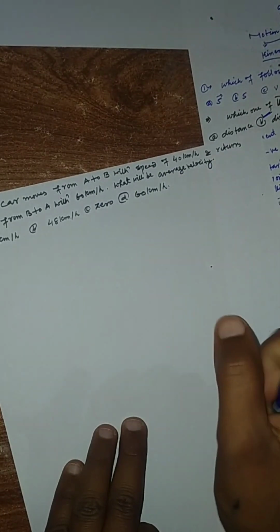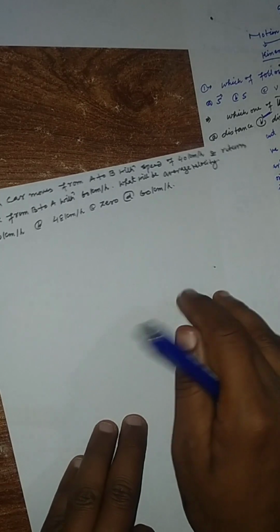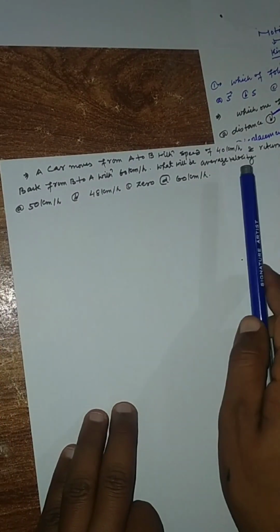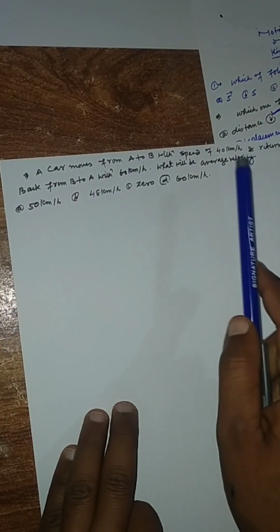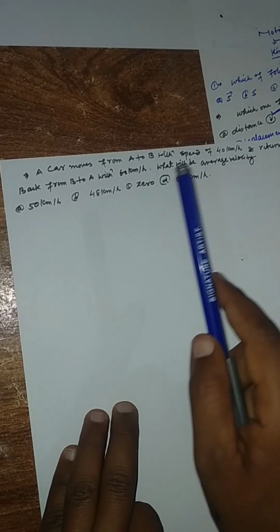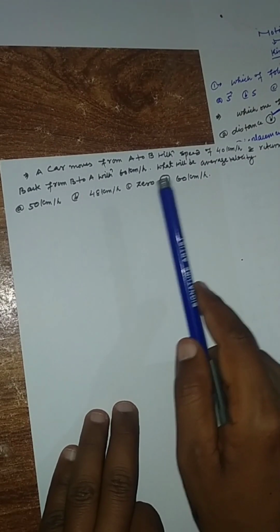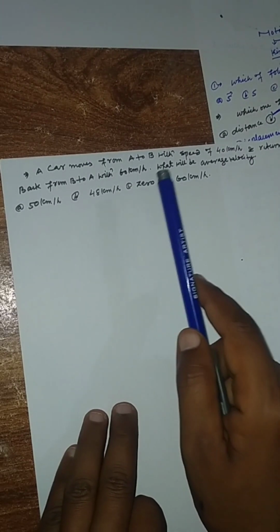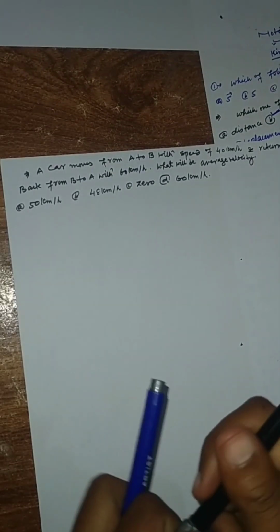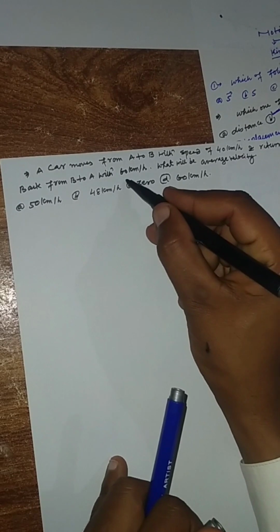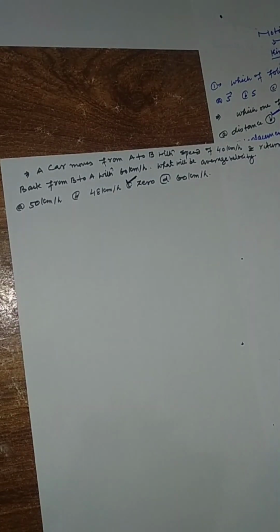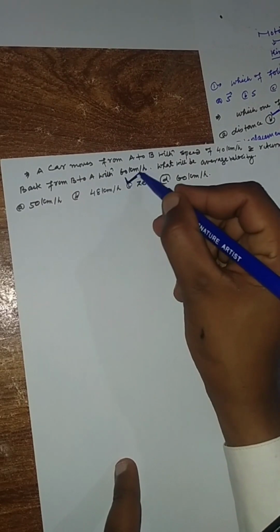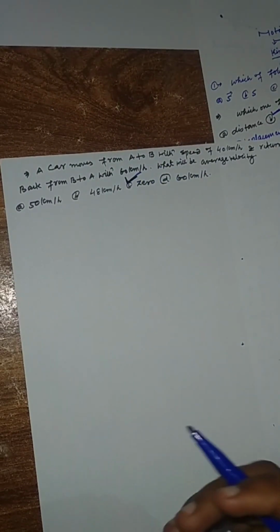Average speed cannot be 0 for a moving body, while average velocity can be 0 if displacement is 0. So the correct answer will be 0.